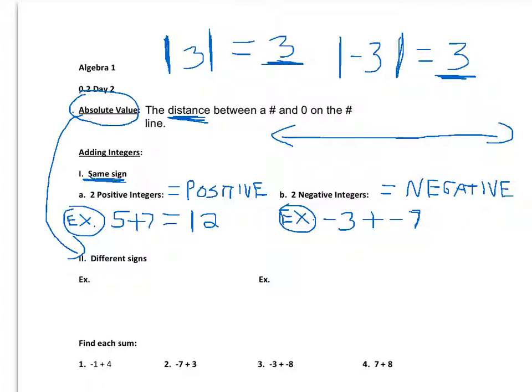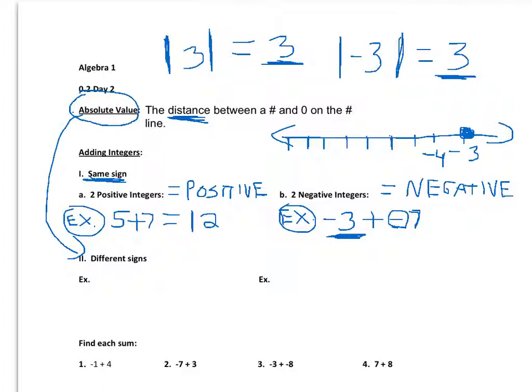Let's say this is negative 3 right here. Negative 4, negative 5, negative 6, negative 7, negative 8, negative 9, negative 10, negative 11. I'm going to start here on the real number line. So this is where I start, negative 3. And if you're adding a negative 7, well, if you have a negative, then that means you're going to go 7 units to the left.